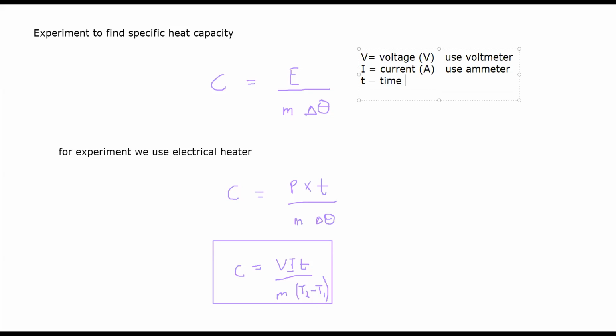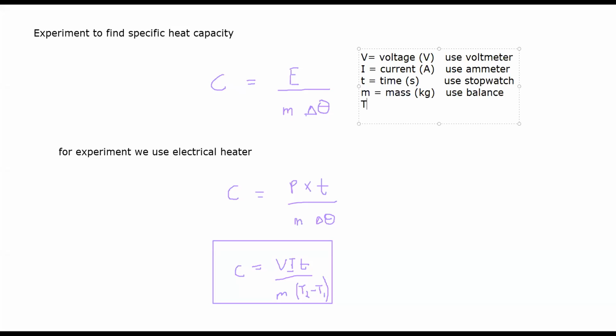The SI unit of time is seconds, and we use a stopwatch. M is the mass. The SI unit is kilogram, but in experimental procedures grams can be used. We use a balance.